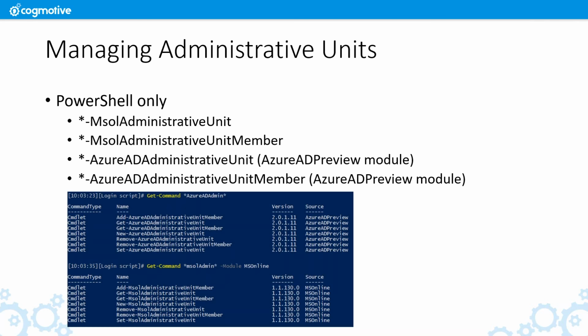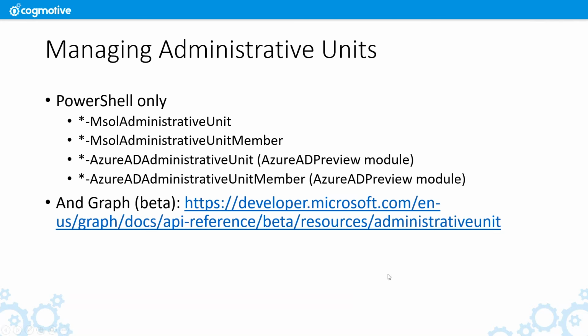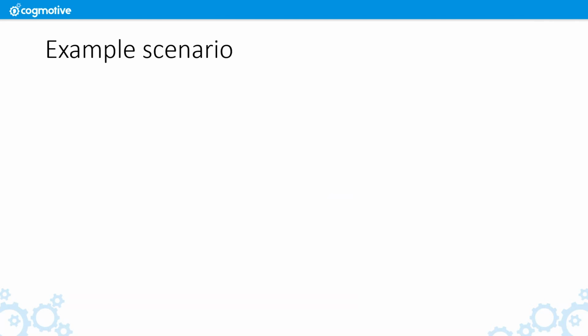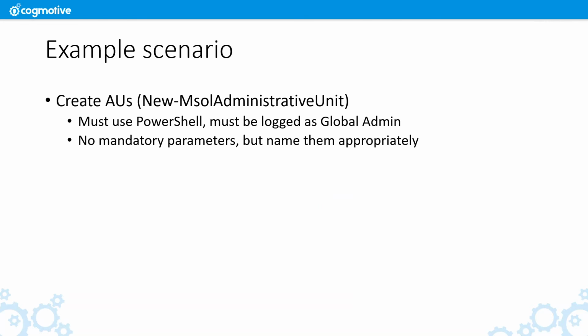So if we switch to the next slide, we'll show some examples of how we can create administrative units. Next slide, Greg, please. I've gone ahead and created 3 different administrative units there. As I mentioned, we need to use PowerShell to create them, and in order to run the cmdlets, you need to be a global administrator. But there is no mandatory information that you need to provide.